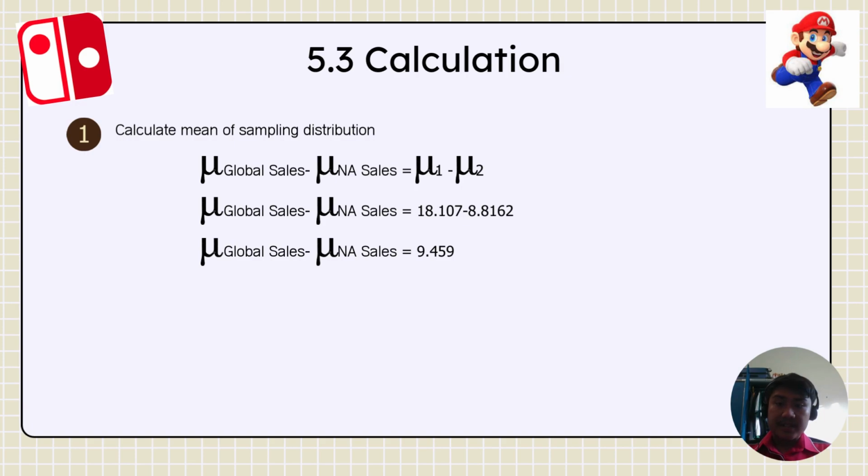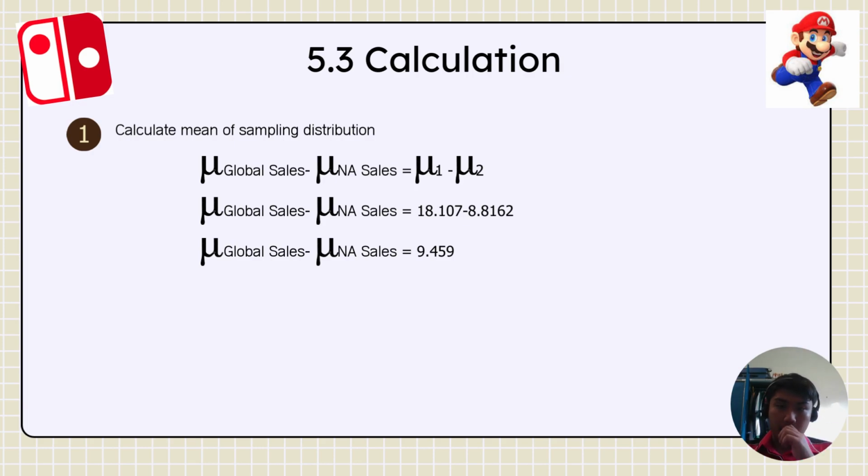In this last subtopic, 5.3 calculation, we will calculate with the data we got from the previous subtopic to get the probability value. First step, we must calculate the mean of the sampling distribution.